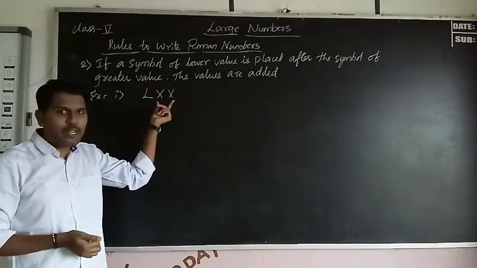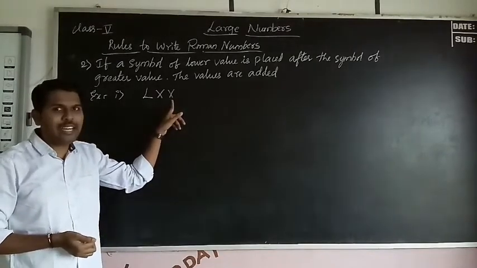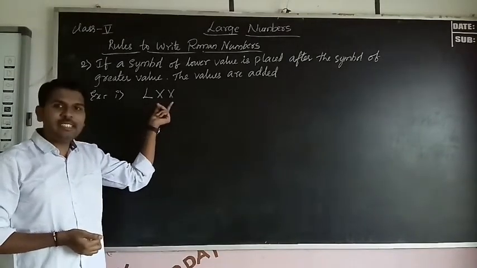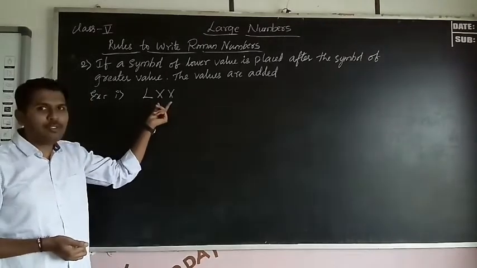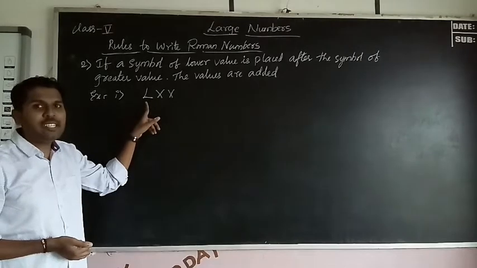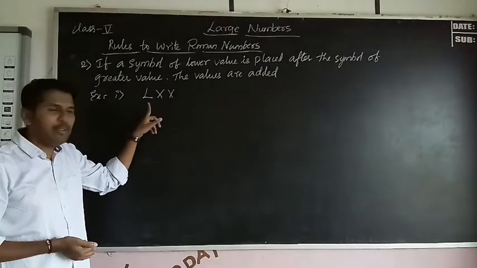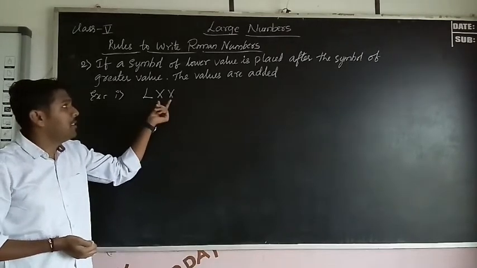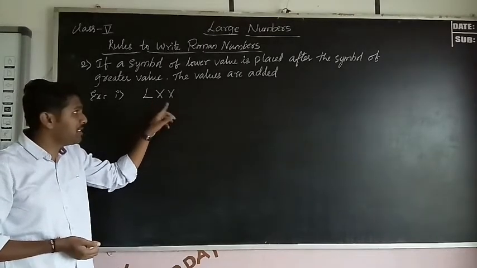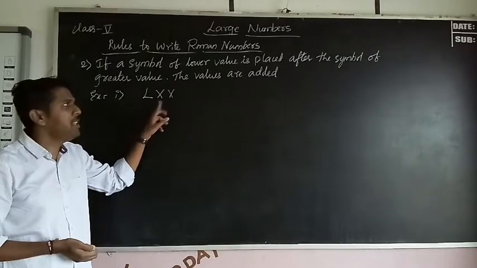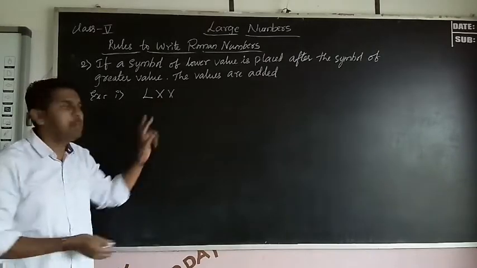X means 10, double X means 20, and these are smaller values, because the L value is 50. Here X is the smaller value and L is the larger value. Smaller value is placed after the greater value, so you have to add the numbers.